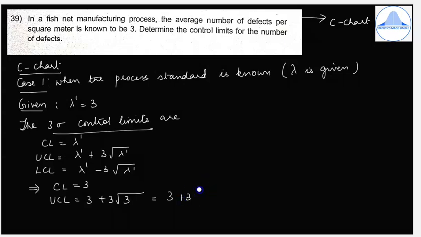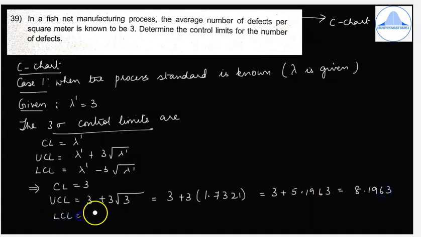So 3 plus 3 into root of 3, which is 1.7321. So it is 3 plus 1.7321 into 3, which is 5.1963, so it is equal to 8.1963.